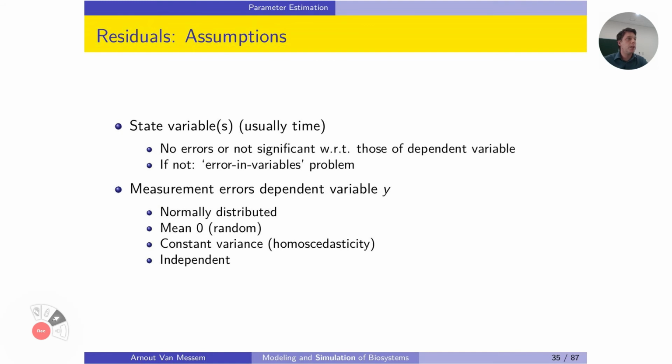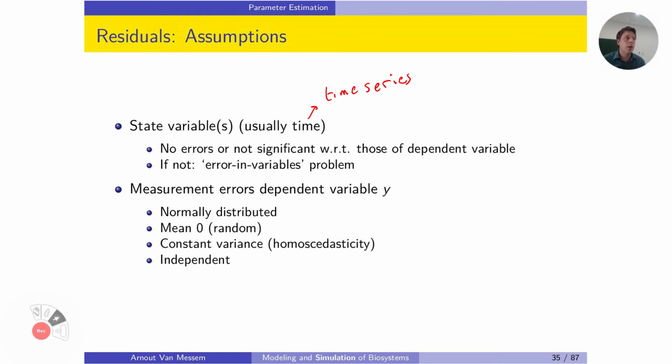If we now look at residuals, we have on the one hand state variables, usually time. In this case, we will call it a time series. So we look at what happens over time, which is a very common model. We want to see what happens with something over time. We will always assume that the errors in the state variables are negligible with respect to those of the dependent variable. So there are either no errors in the state variables, or they are so small that we can ignore them.